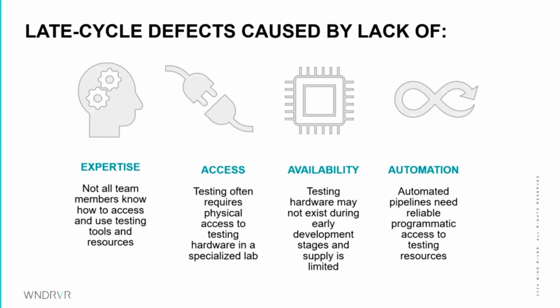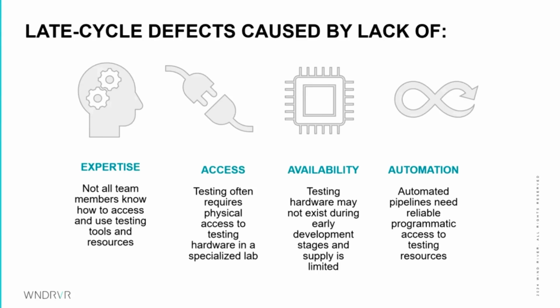Second one, access. To accomplish effective testing, especially for applications that interact with hardware, it requires consistent and reliable access to the necessary hardware. The traditional development environment often struggles with providing this access to their geo-distributed teams. Hardware might be limited to certain teams or individuals, causing bottlenecks and delays in the entire development process.